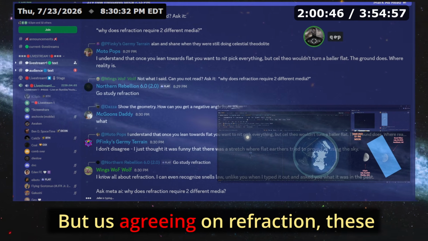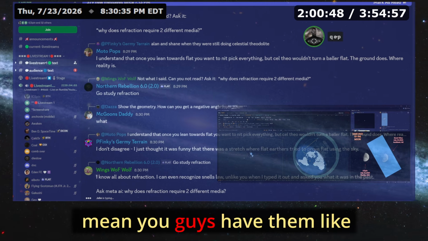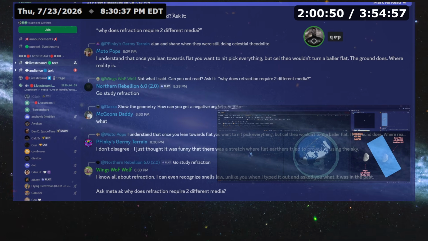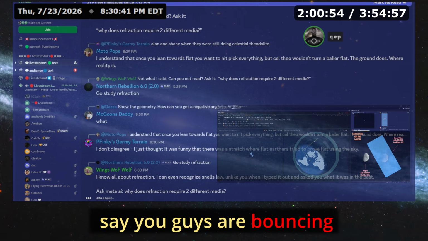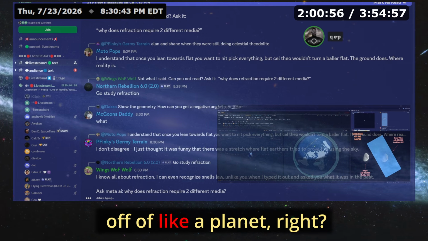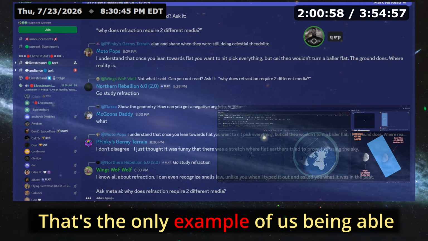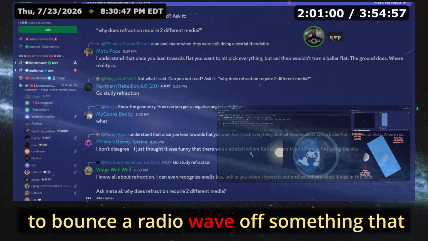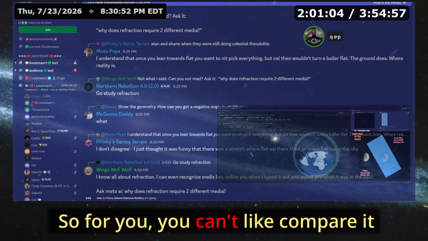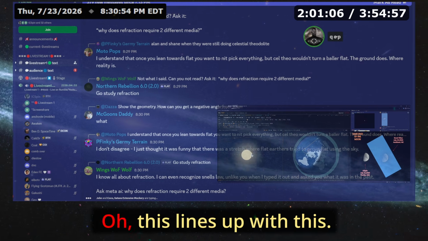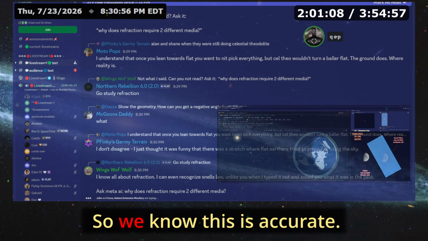Okay, but us agreeing on refraction existing doesn't mean you guys have calculated it correctly. Let's say you guys are bouncing a radio wave off a planet, right? That's the only example of us being able to bounce a radio wave off something that far. So in both models, it's very far, and you can't compare it with anything to see if this lines up and we know this is accurate.